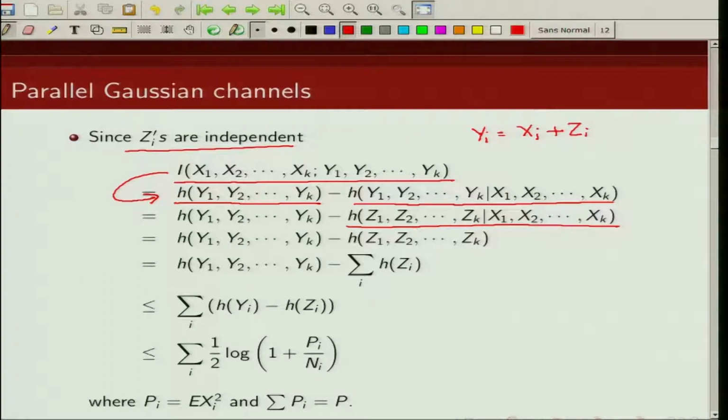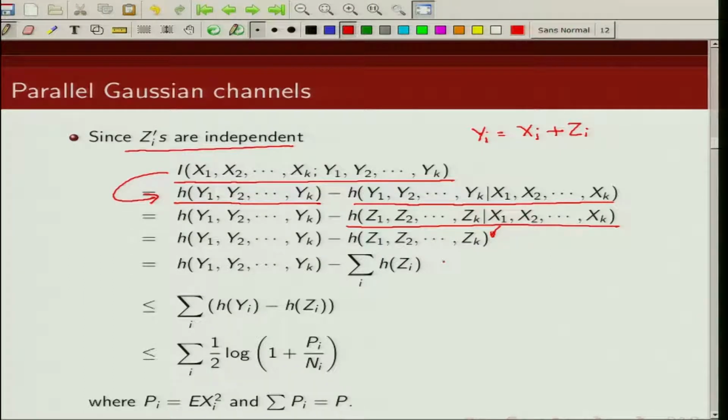And what is that? Since the zi's and xi's are independent, this can be written as the uncertainty in z1, z2, z3, zk.